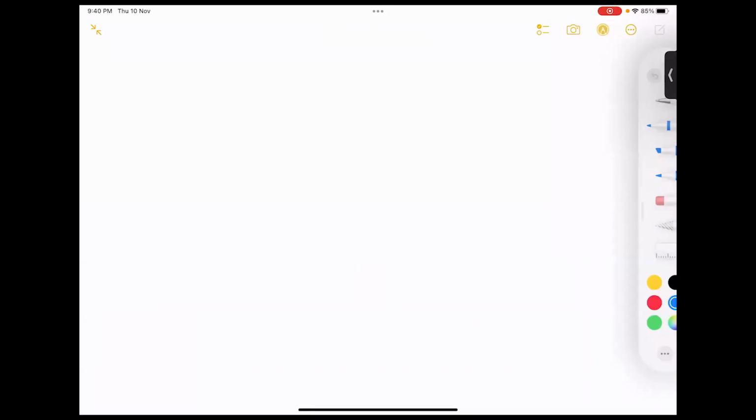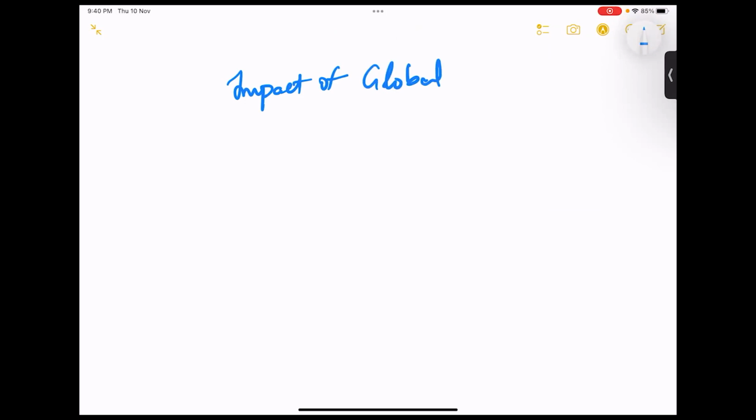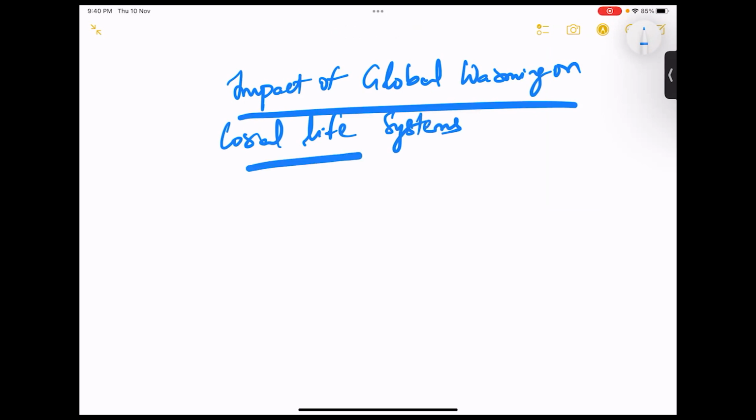It says impact of global warming on coral life. Okay, so in the introduction you can say about corals.